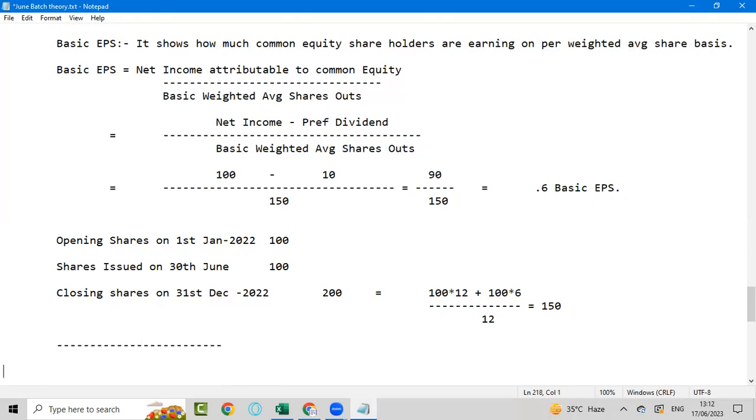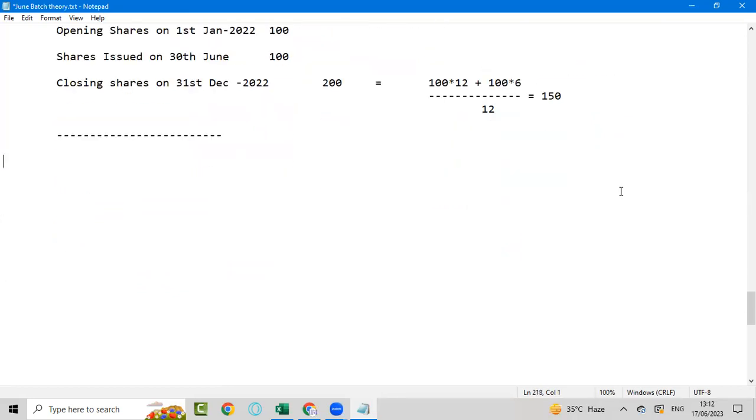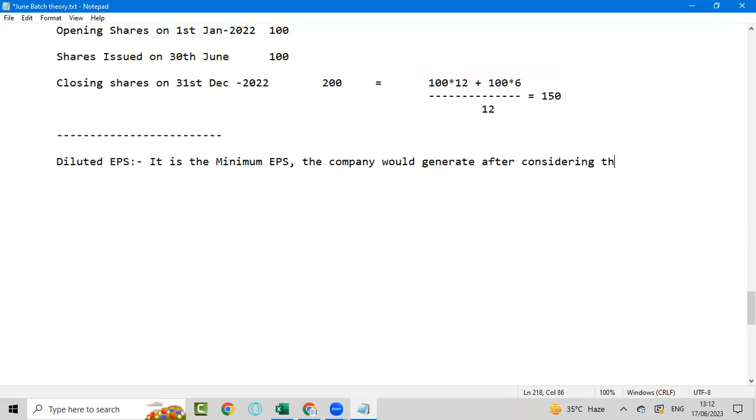Next is diluted earnings per share. It is the minimum EPS the company would generate after considering the dilution effect of dilutive securities.